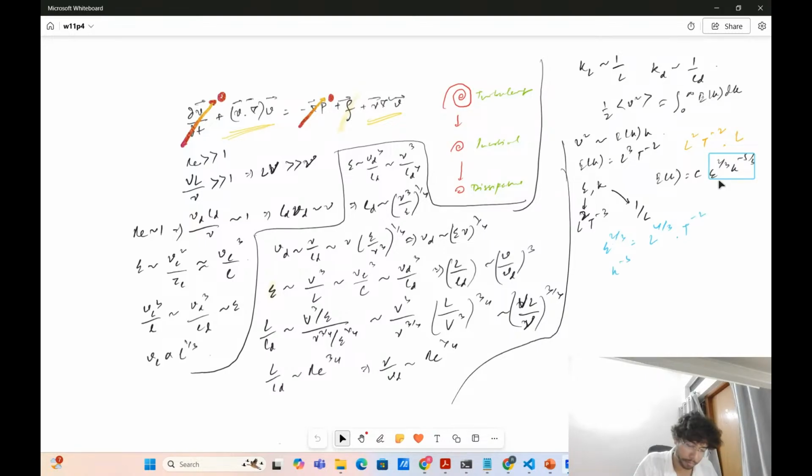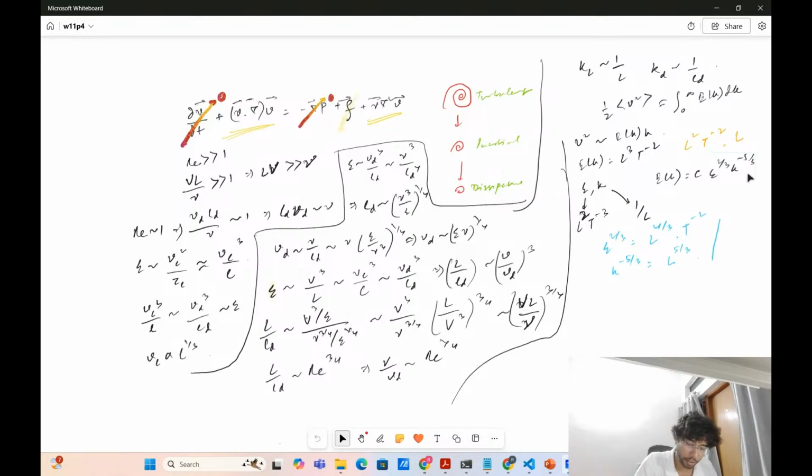And K to the power of minus 5/3 will give you L to the power of 5/3. So if you just multiply these, this will be t to the power of minus 2, and together, L to the power of 9 by 3, which is L cube. So yeah, this is verified. Okay, so this is how we got Kolmogorov's 5/3 law.